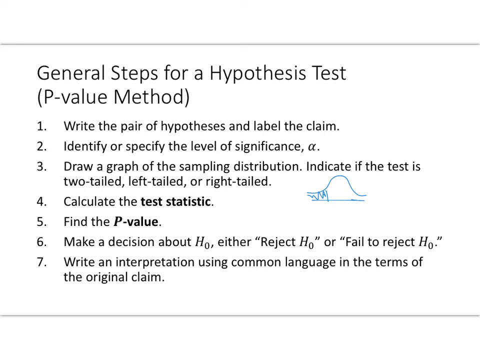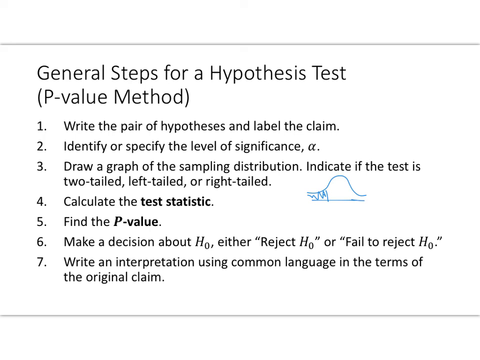We will be working with z-scores and t-scores, for populations and means, with the assumption that the null hypothesis is true. Then we'll find a p-value. A p-value is the probability of getting a value of the test statistic that is at least as extreme as the test statistic obtained from the sample data, assuming that H null is true.